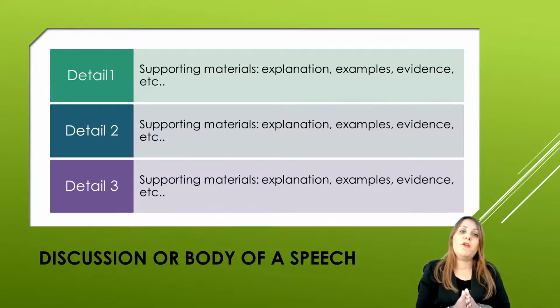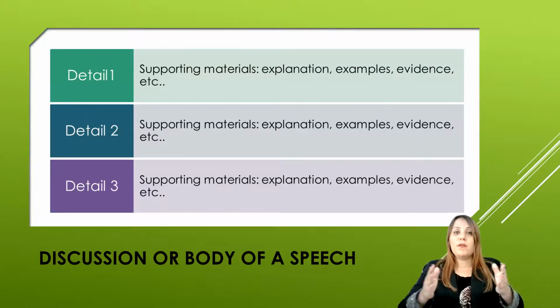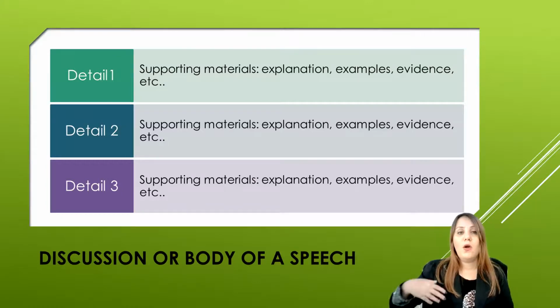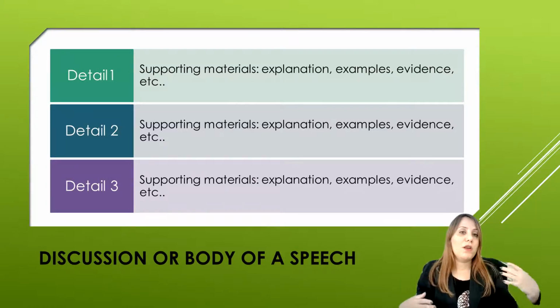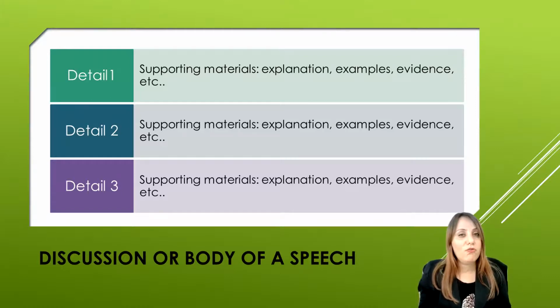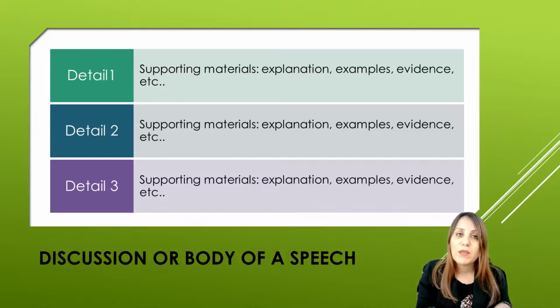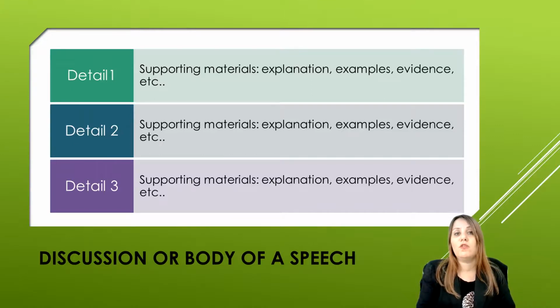Each idea should be supported by evidence and examples, which of course you can find out of your research you conduct online or on YouTube or in books and journals. And make sure you choose something that is credible, not Wikipedia. Wikipedia is not to be used to bring evidence to your presentation.